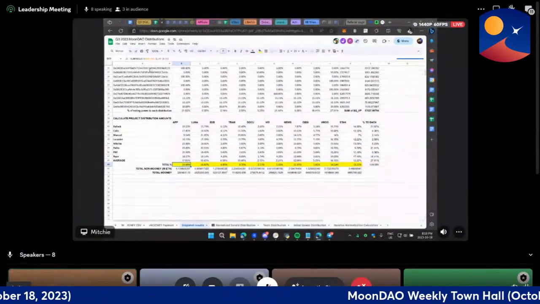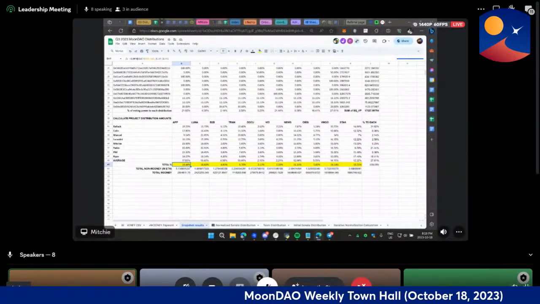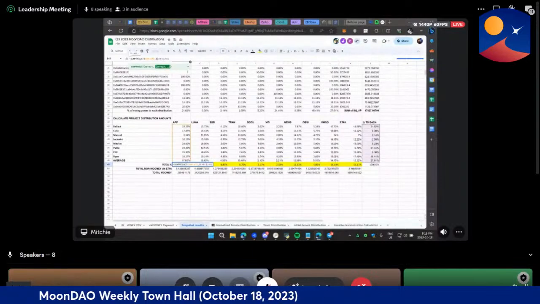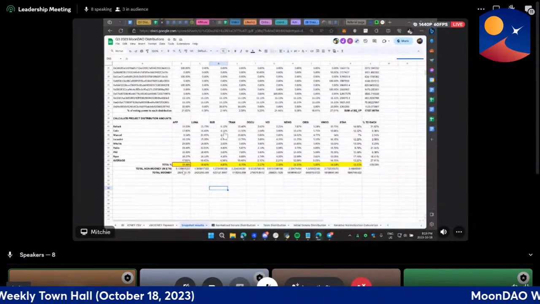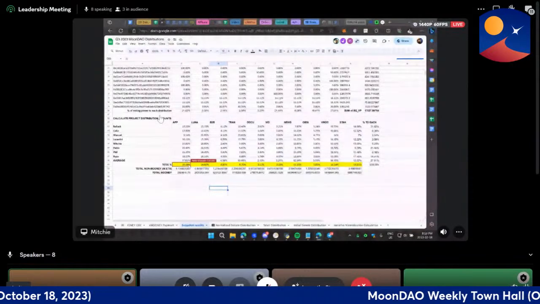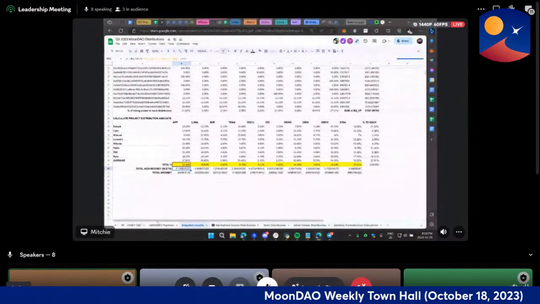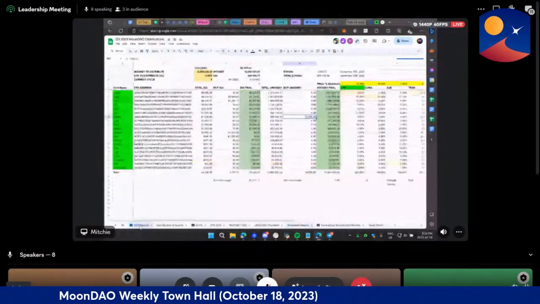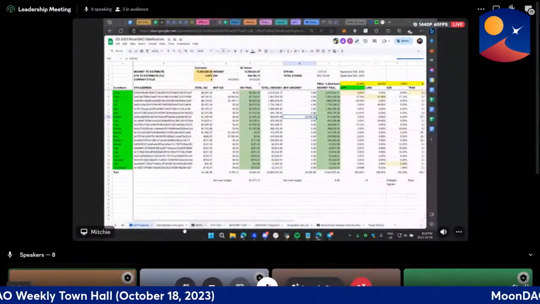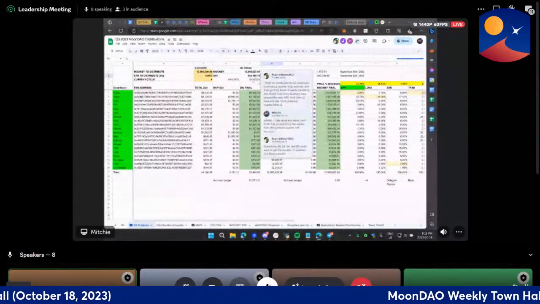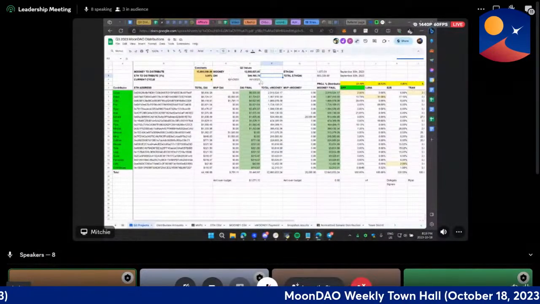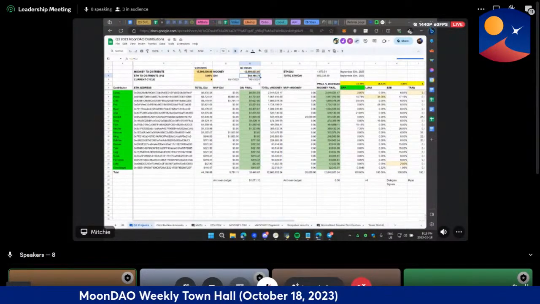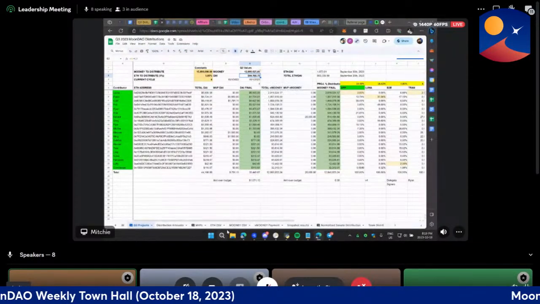The amount to each project is the sum product of this by this, which gives us these final amounts. Using these figures here for the distribution amounts, you can come in here and check to make sure the formulas and everything make sense as well, but these are our amounts to be distributed.